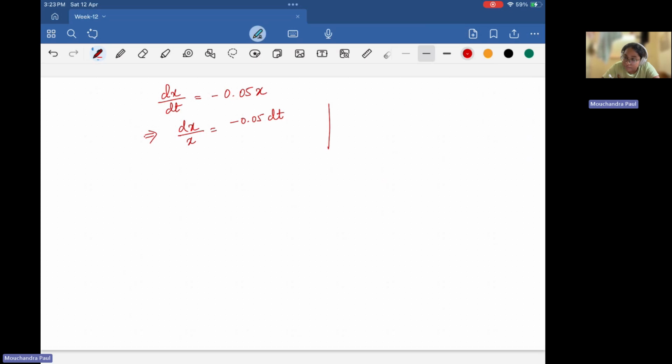At t equals 0, X is 4 pound of salt. At t equals 50 minutes, let's consider X to be capital X. That is what you have to find. If you find the value of capital X, you will get the answer. So let's take definite limits here.